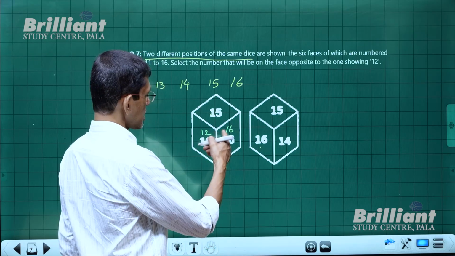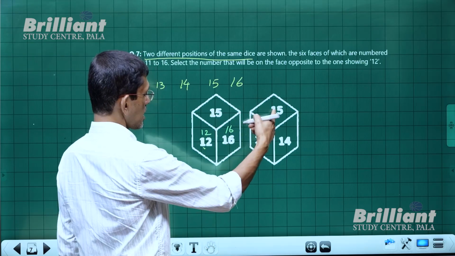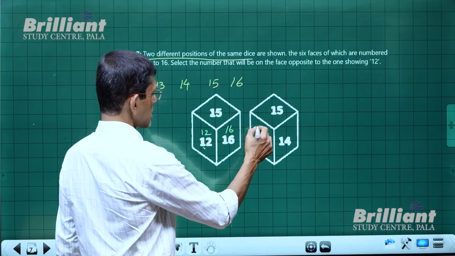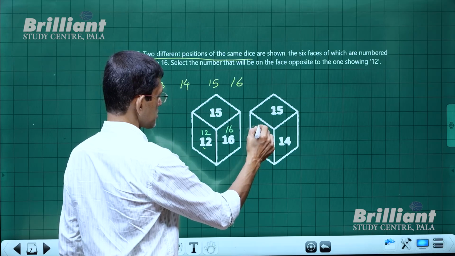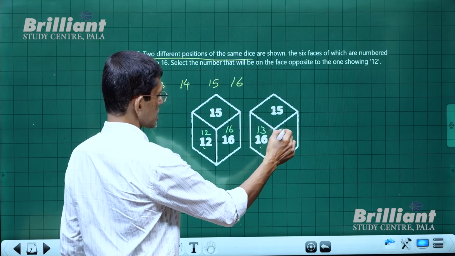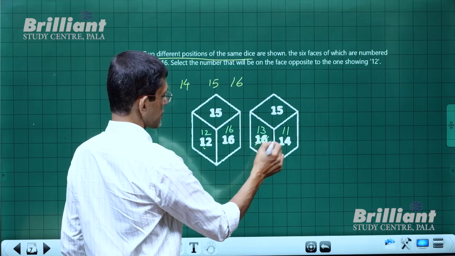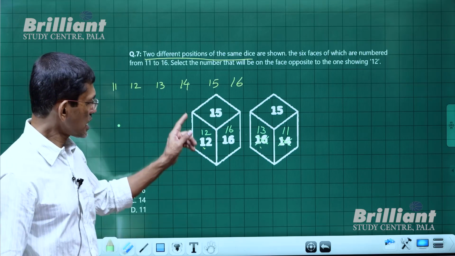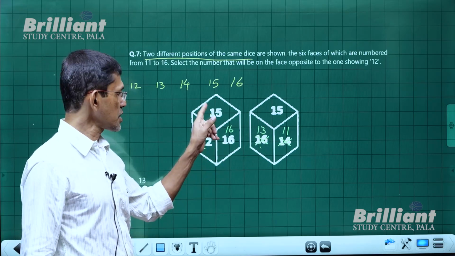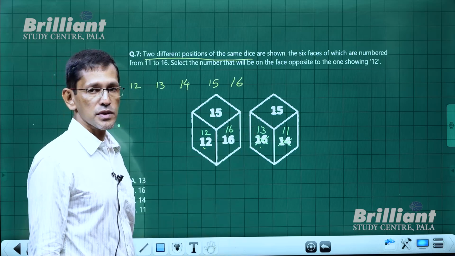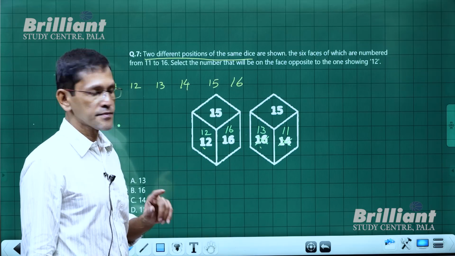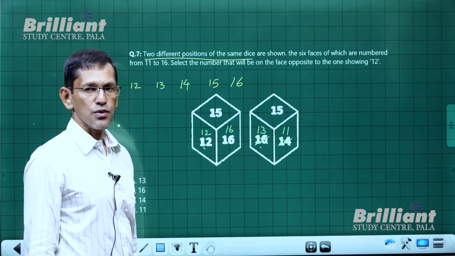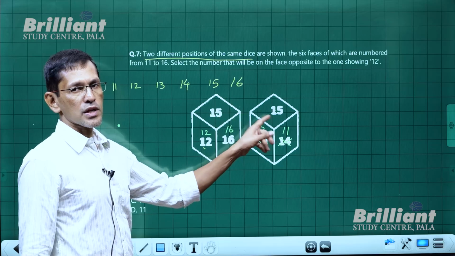Here it's 12 and 16, and the common number we keep exactly as it is. Here you take maybe 13, and here you take 11. So instead of 16 and 14, we have 13 and 11. When you look at these two dice, you see there is only one common number. What is that common number? 15. In this case it is 12 and 16, in this case 15, then 13 and 11. So only one common number when you look at both images.